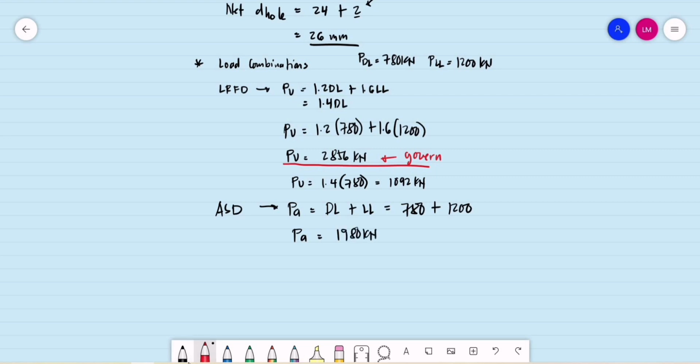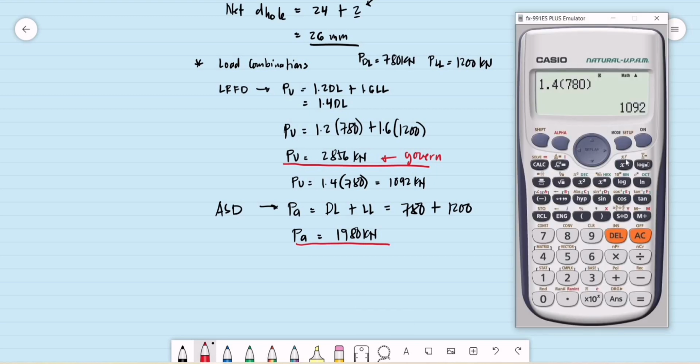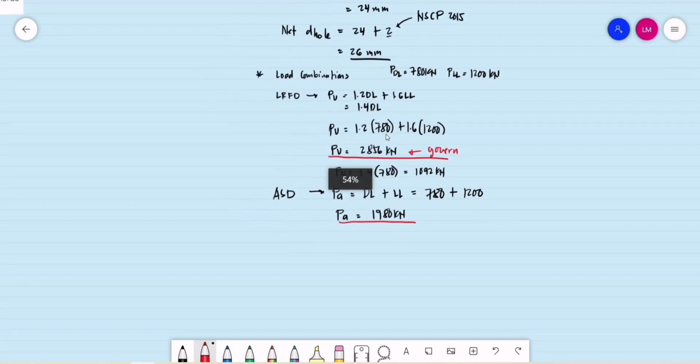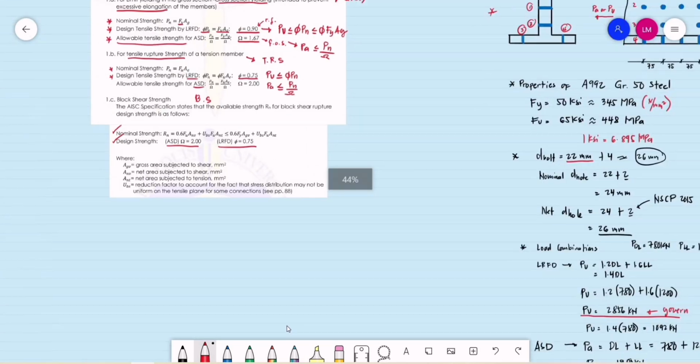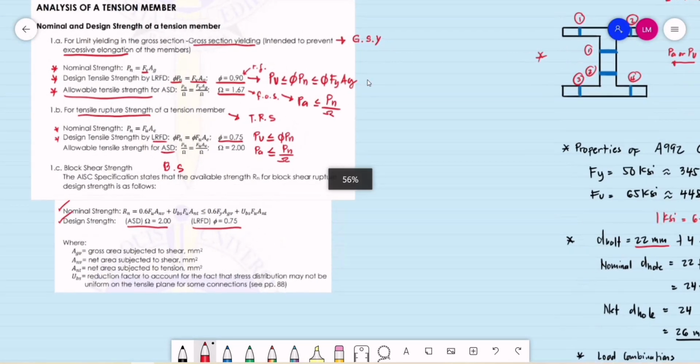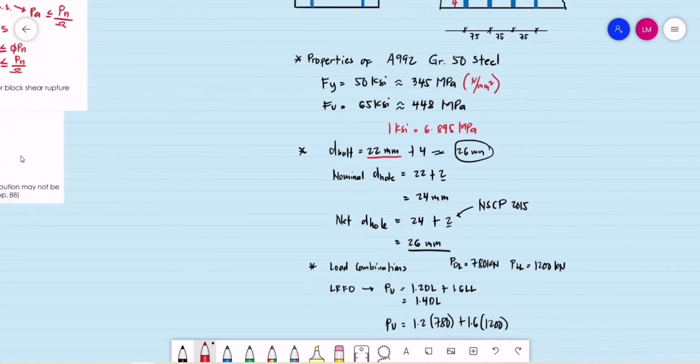We are to use this under the ASD. So is that correct? So this 780 plus 1,200, 1,980 kilonewtons. So we can now proceed to our considerations. So we have the GSY and the TRS. So gross section yielding and the tensile rupture strength.